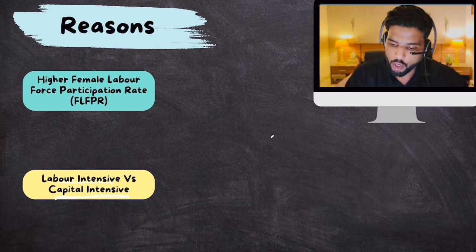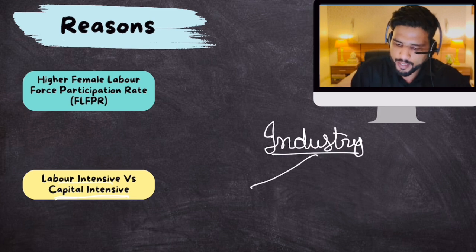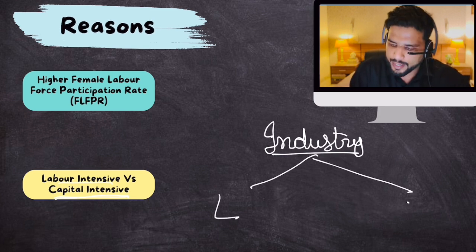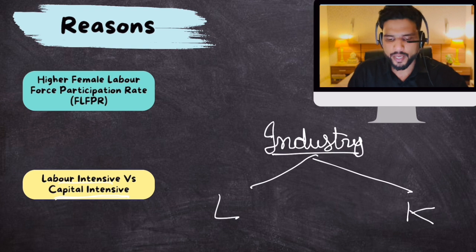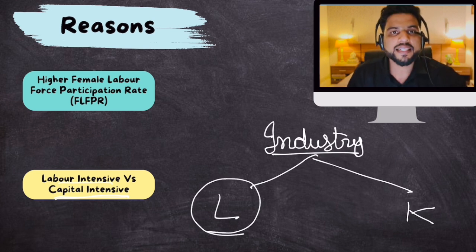Now, look, every production process has two major inputs: labor and capital. An industry is called labor intensive industry when the majority contribution in the output of that industry is made by laborers. When that industry is more labor dependent to produce, that is a labor intensive industry.